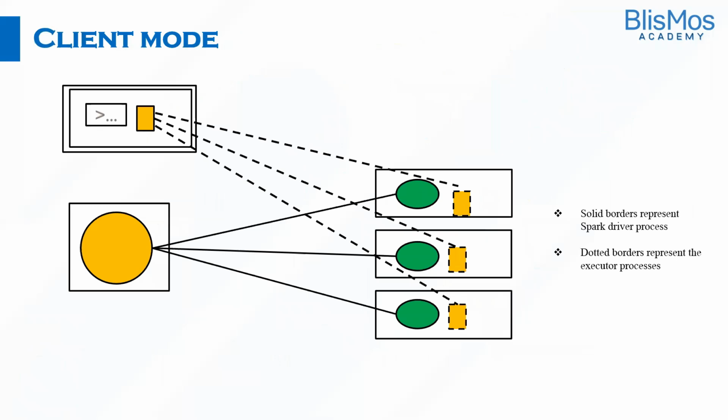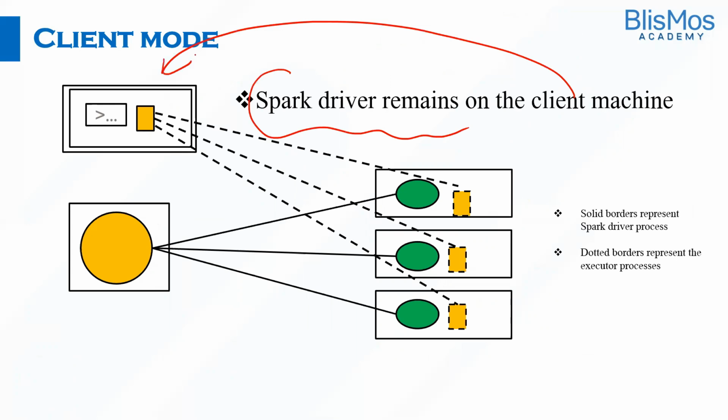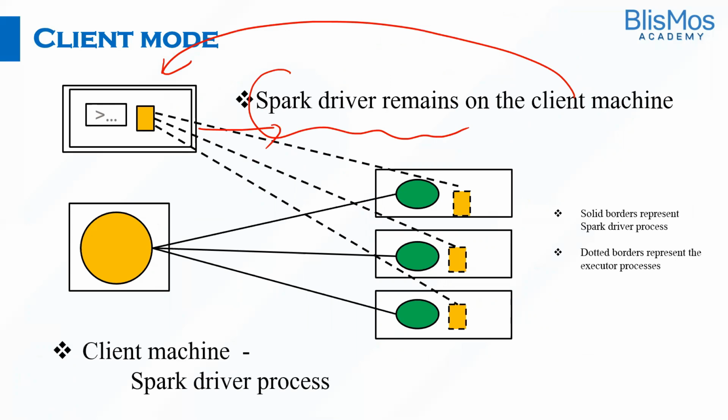Moving on to the next mode, the client mode is almost the same as the cluster mode, except that the Spark driver remains on the client machine which has submitted the Spark application. That means the client machine is the one which is responsible for maintaining the Spark driver process, because the Spark driver process is there in the client machine only.